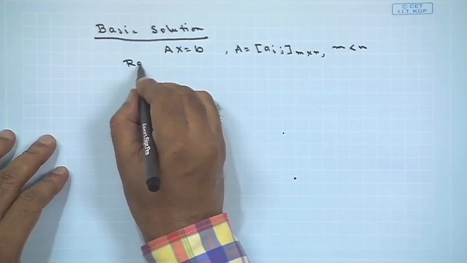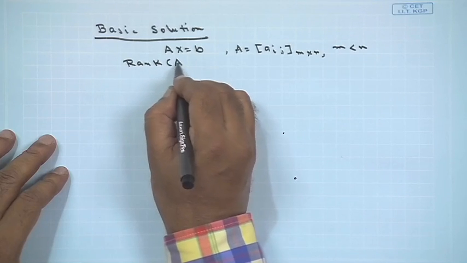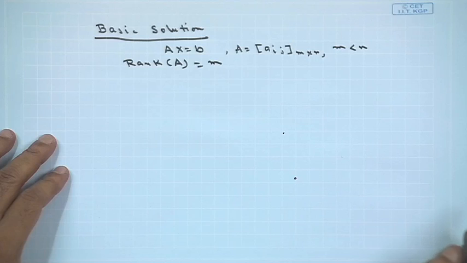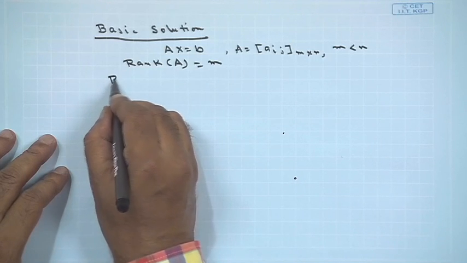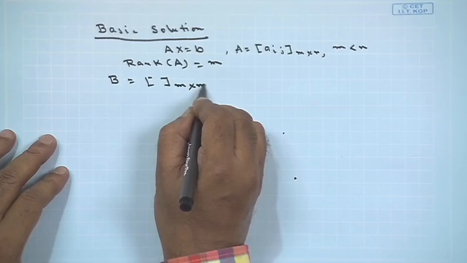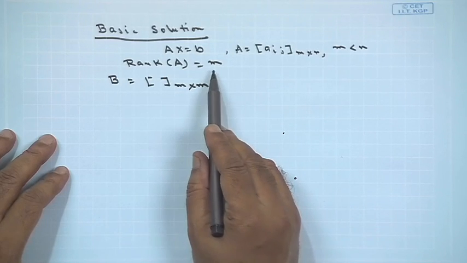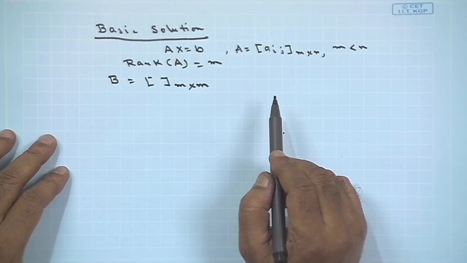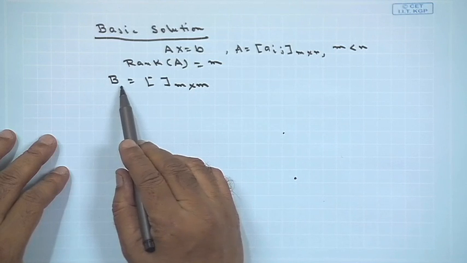If I assume that rank of A is equal to m, then I can form a matrix B, which will be of m cross m, that is I will take only m linearly independent column vectors and I can form a matrix B.